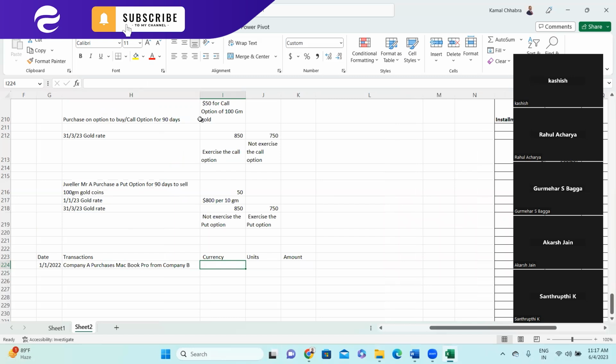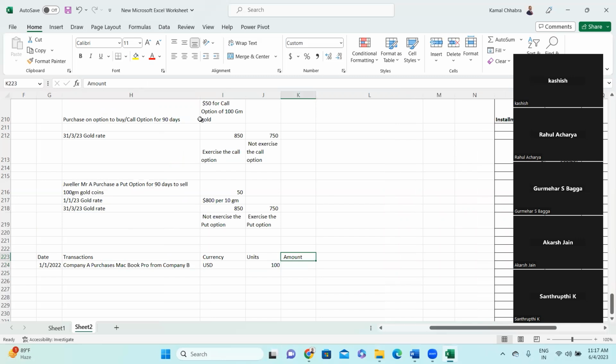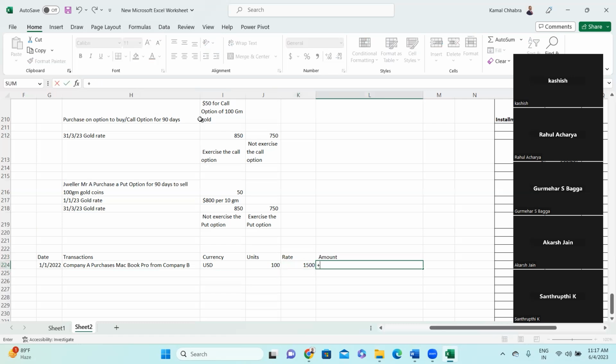Currency is USD, unit is 100, and the price is, let's say, 500. How much is the amount?